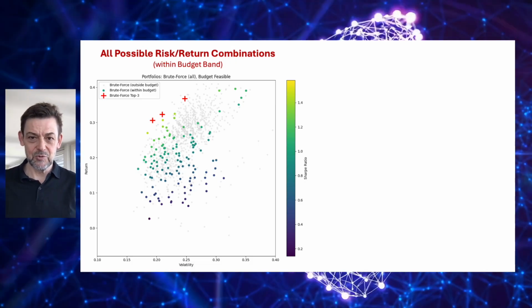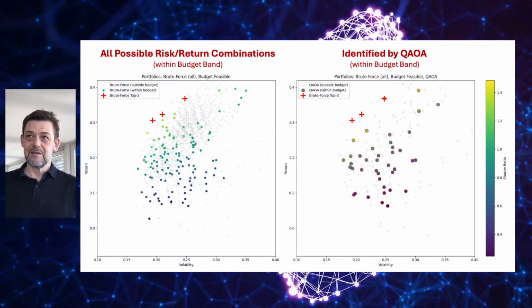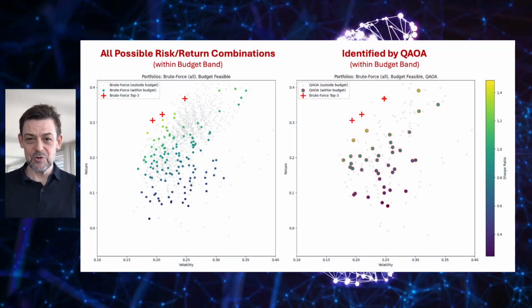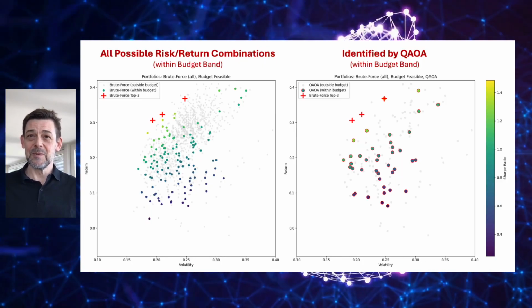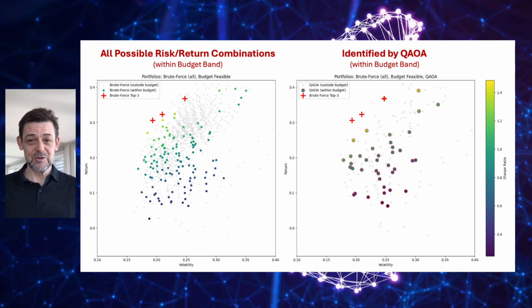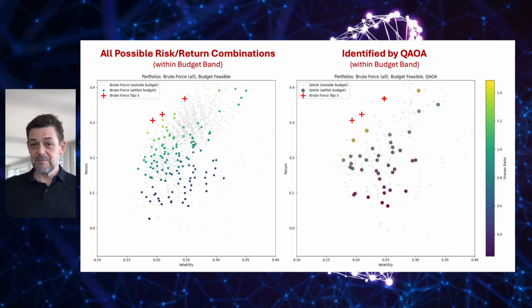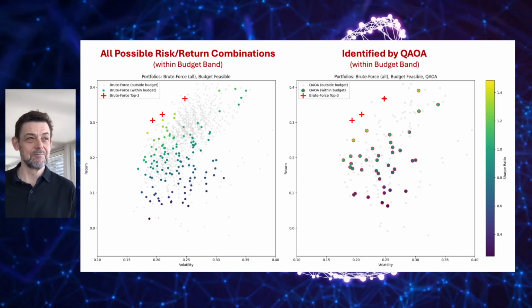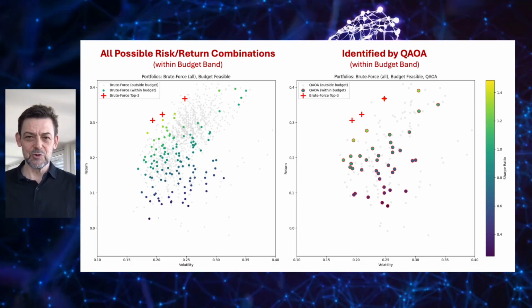Now we ran the QAOA code on the use case. The result is seen here. Each dot on the right view is a portfolio selected by the algorithm. Again, the colored dots are portfolios within the budget. As you can see, QAOA selected not only portfolios within the budget and not only portfolios with high Sharpe ratio. Why is that so? Firstly, as said before, it is a probabilistic approach.